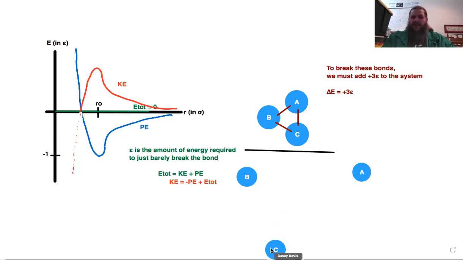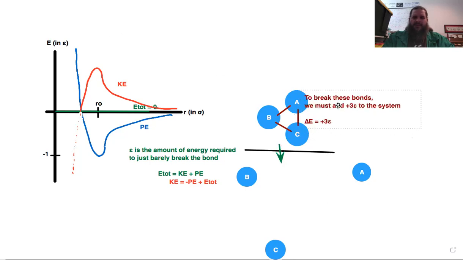In that case, where they're unbonded, we've added enough energy that the whole system is now unbonded. So that transition requires plus 3 epsilon worth of energy.